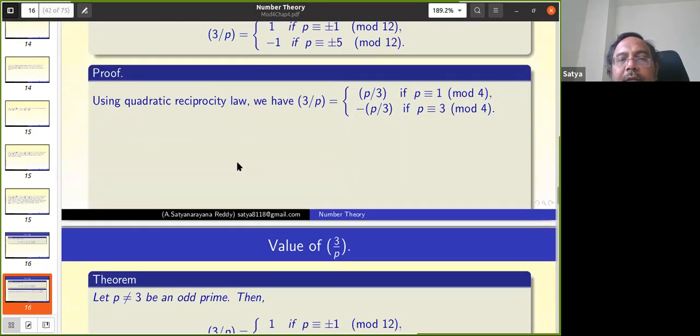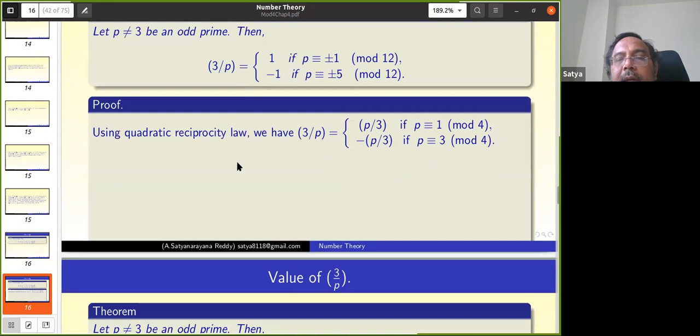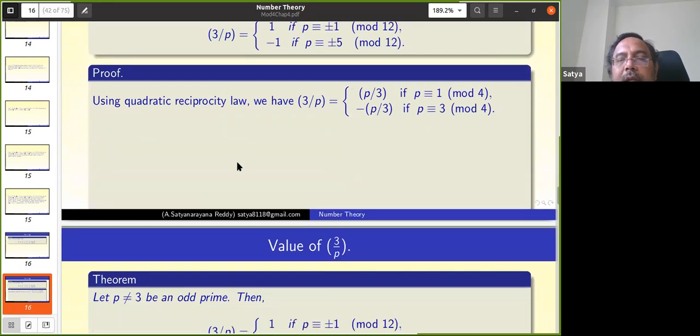So by using the quadratic reciprocity law, (3/p) equals (p/3) when p is congruent to 1 mod 4, and minus (p/3) when p is congruent to 3 mod 4. Why? Not complicated, because 3 is already of the form 4k plus 3. So if p is also of the form 4k plus 3, then both are of the form 4k plus 3. In that case, (3/p) becomes minus (p/3), right?